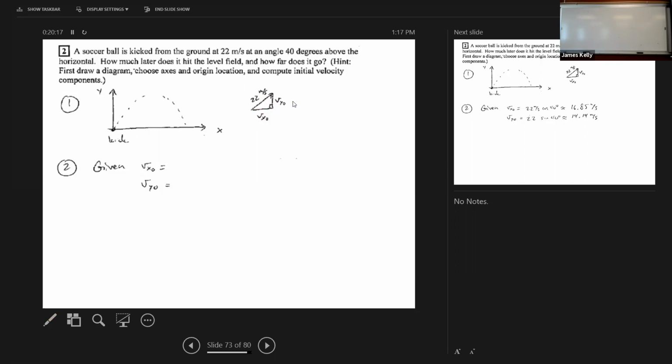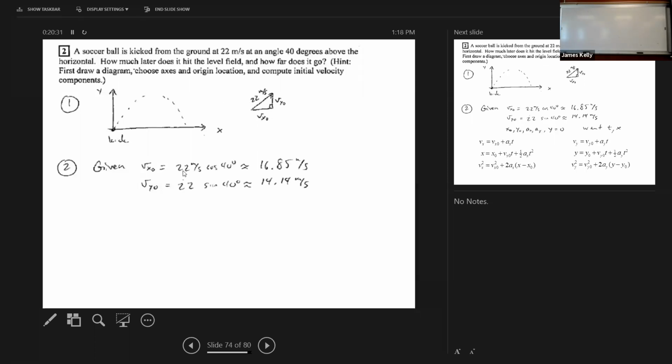That's what we did at the beginning of chapter 3 with those right triangles, right? You could use your SOHCAHTOA depending on how you do it. But I know the hypotenuse and I know an angle, so I can figure out these two sides. It's 22 cosine 40 and 22 sine 40 for the x and y components in this particular case.